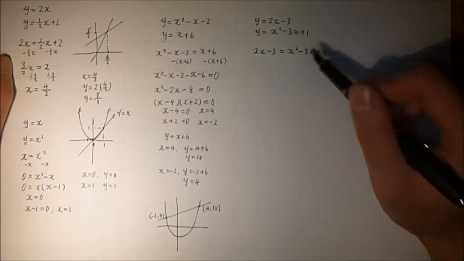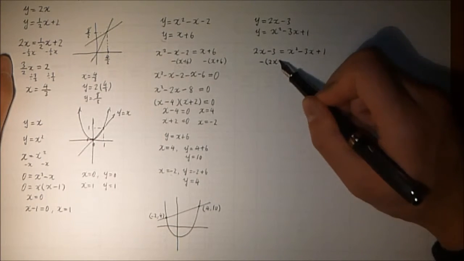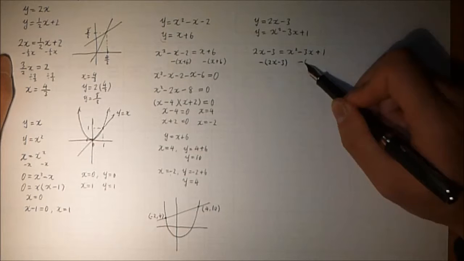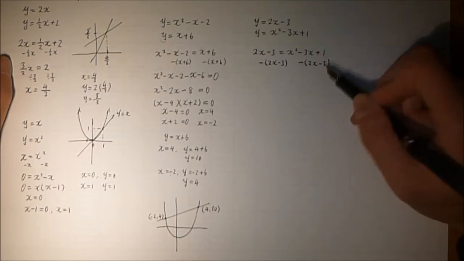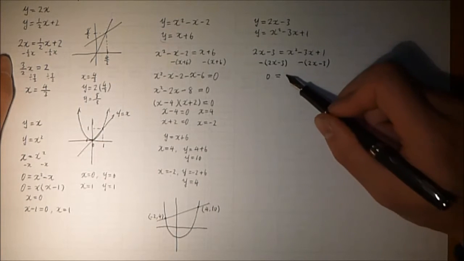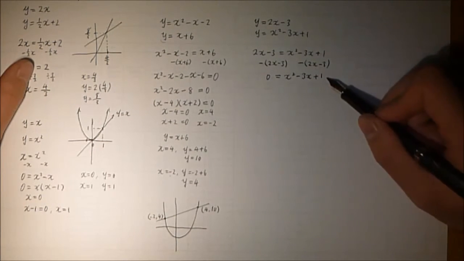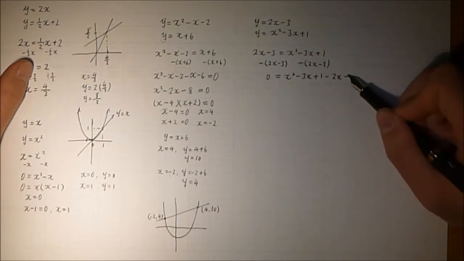And like solving all normal equations, we subtract 2x minus 3 from both sides, and we end up with 0 equals x squared minus 3x plus 1 minus 2x plus 3.